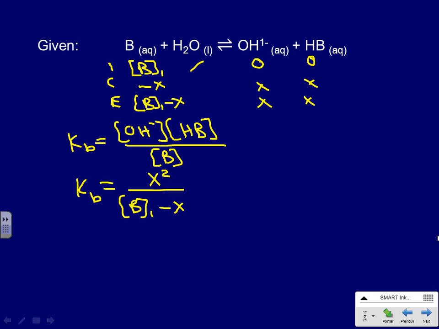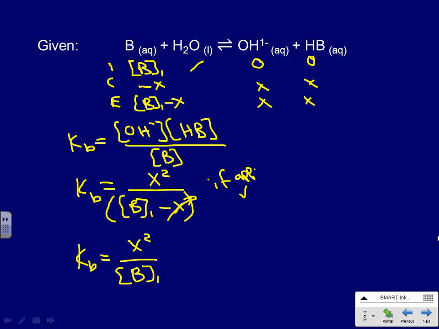If the approximation is no good, we've got to crash through that, and we've got a quadratic. If the approximation is good, I can get rid of that X there. Kb is equal to X squared over the initial concentration of B.